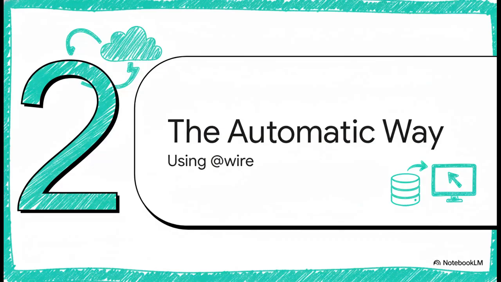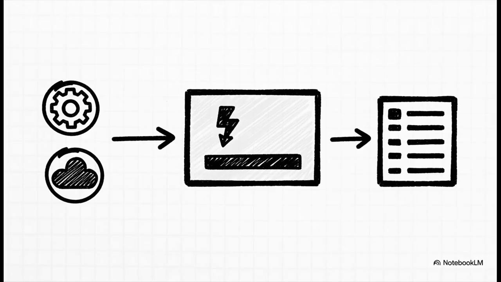So let's dig into that automatic way first. We're going to take a closer look at the @wire service and see just how simple and really powerful it is for just displaying data. Using @wire is beautifully simple. You can see it right here. Inside your component's JavaScript, you import the Apex method, you use the @wire decorator, and you tell it which property to dump the data into.